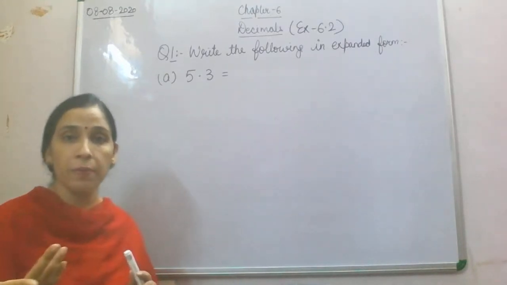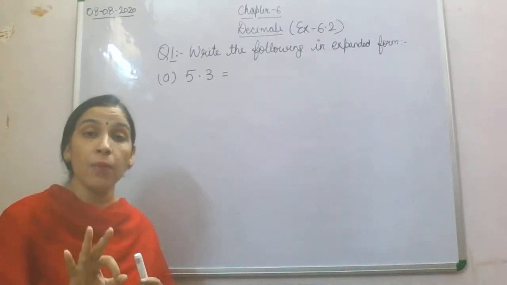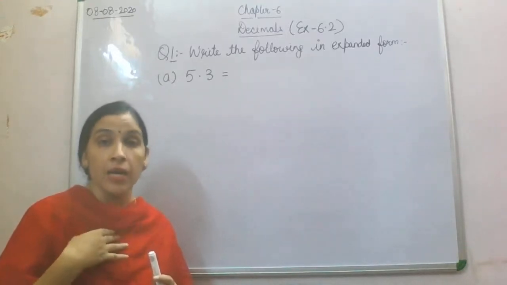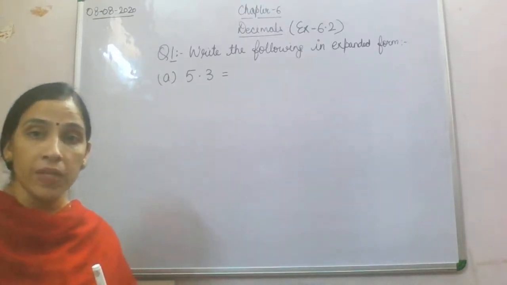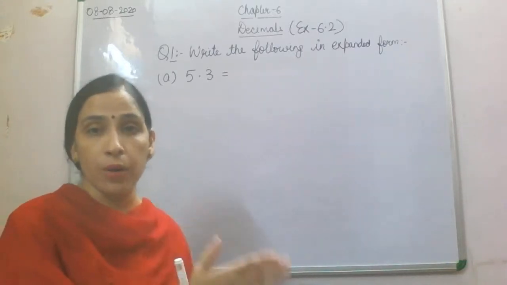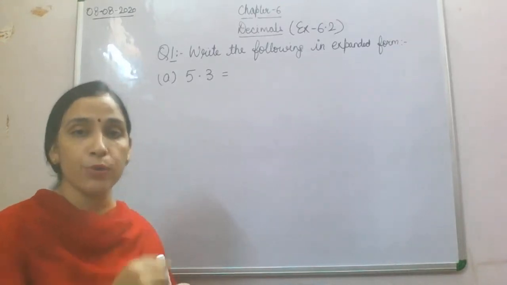The decimal part, we are going to divide that particular number by 10, 100 or 1000 depending on whether it is in the tenths place, hundredths place or thousandths place.